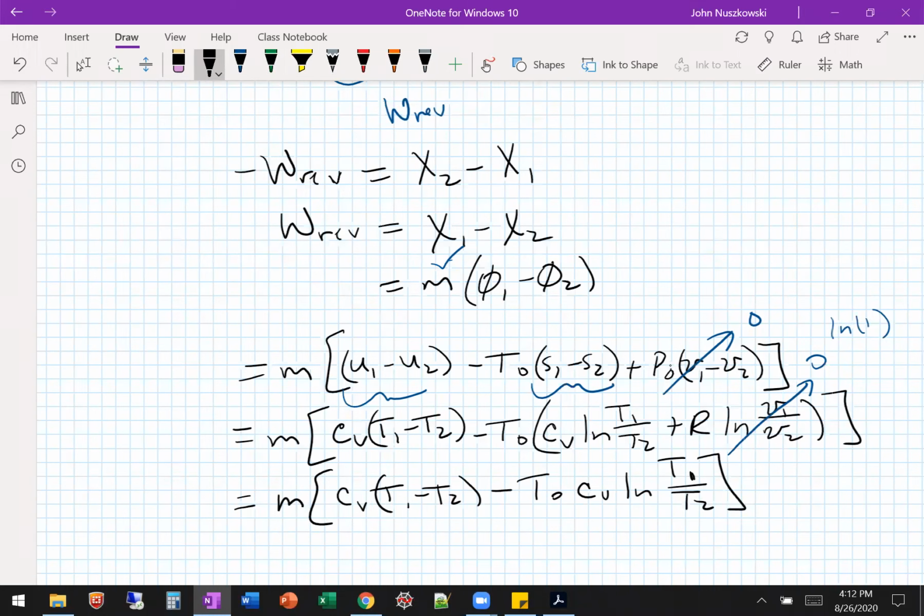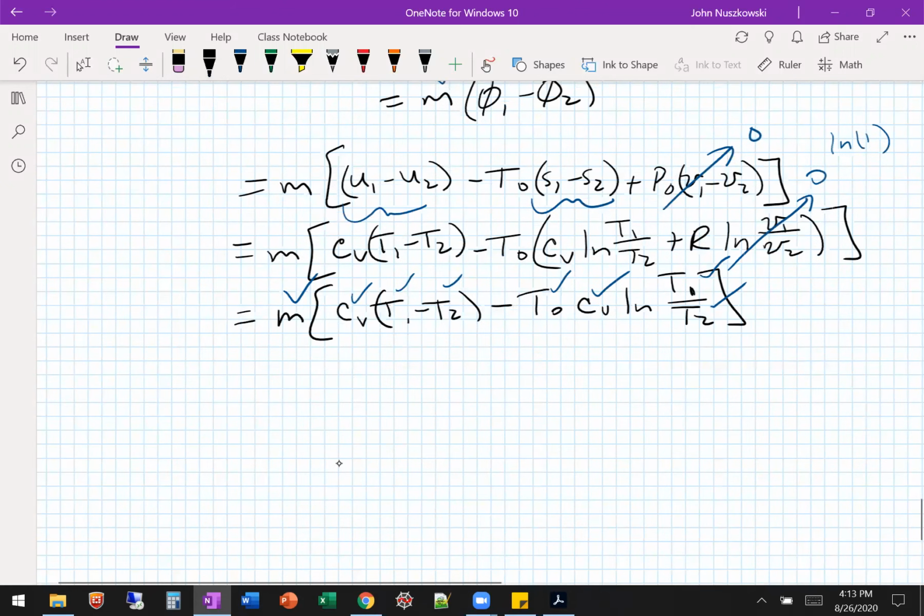All right, so we have this left. So mass, we have Cv, T1, T2, we have the dead state temperature, we have Cv, T1, T2. So we have everything there to solve.